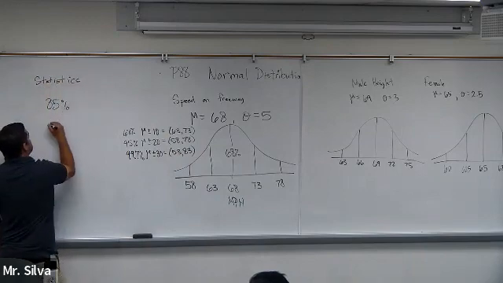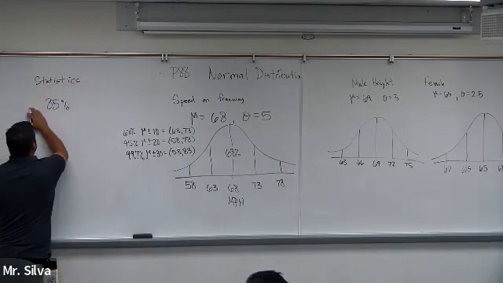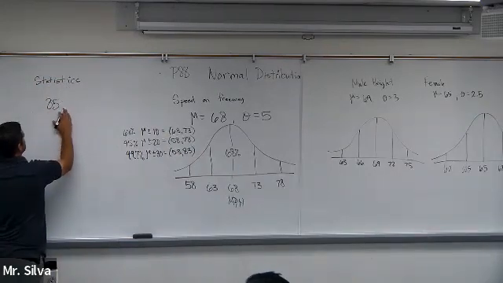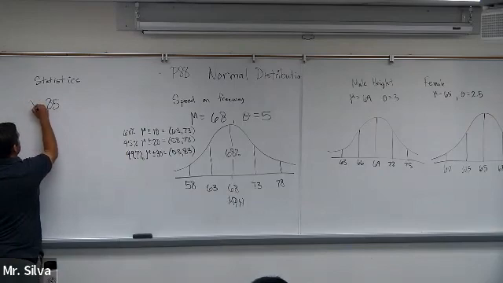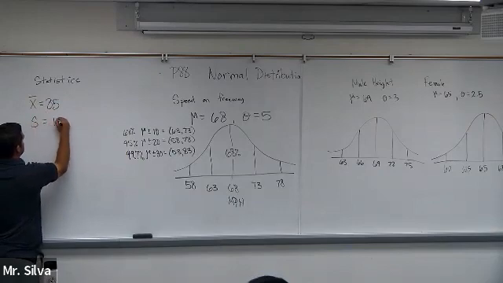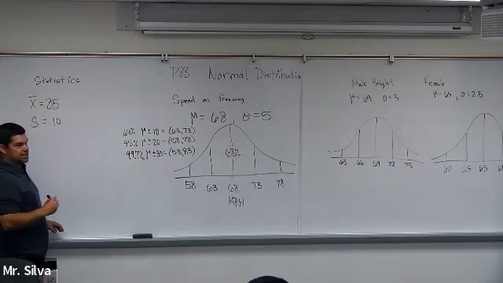And the standard deviation, so this is going to be the average. I'm not going to use a percentage, I'm just going to call it 85. So in statistics, the average grade is 85. Standard deviation, let me use S for sample data. S is 10. So that's your statistics class.